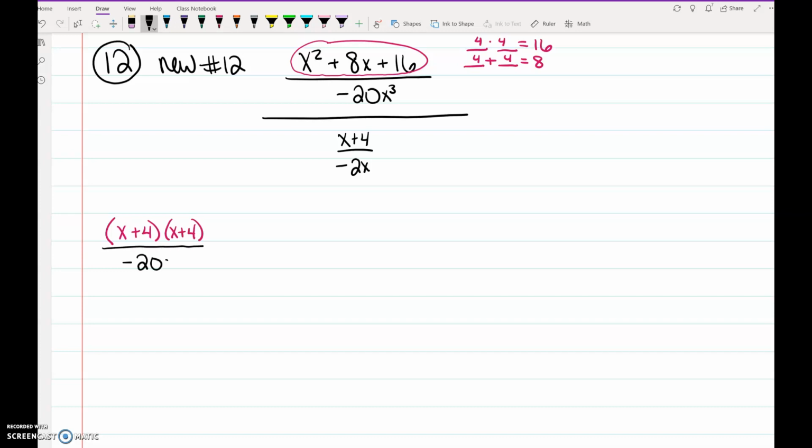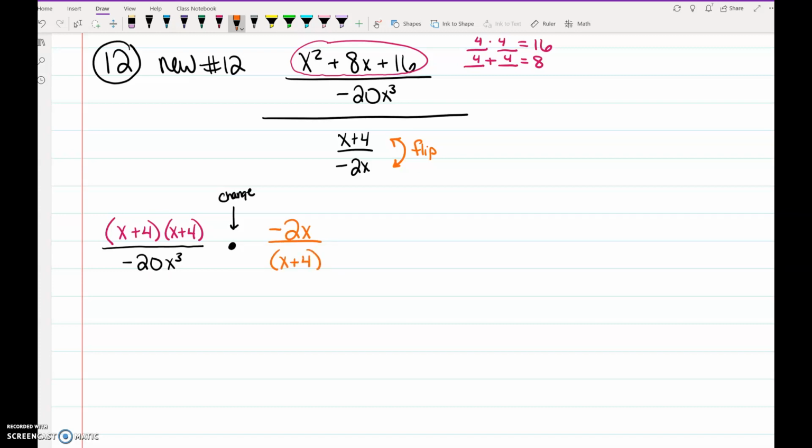And we'll leave the negative 20x to the third untouched on the bottom. We're going to change the sign to multiply, and then what do we need to do with this bottom fraction? We need to flip it. So we'll have negative 2x on the top and x plus 4 on the bottom.